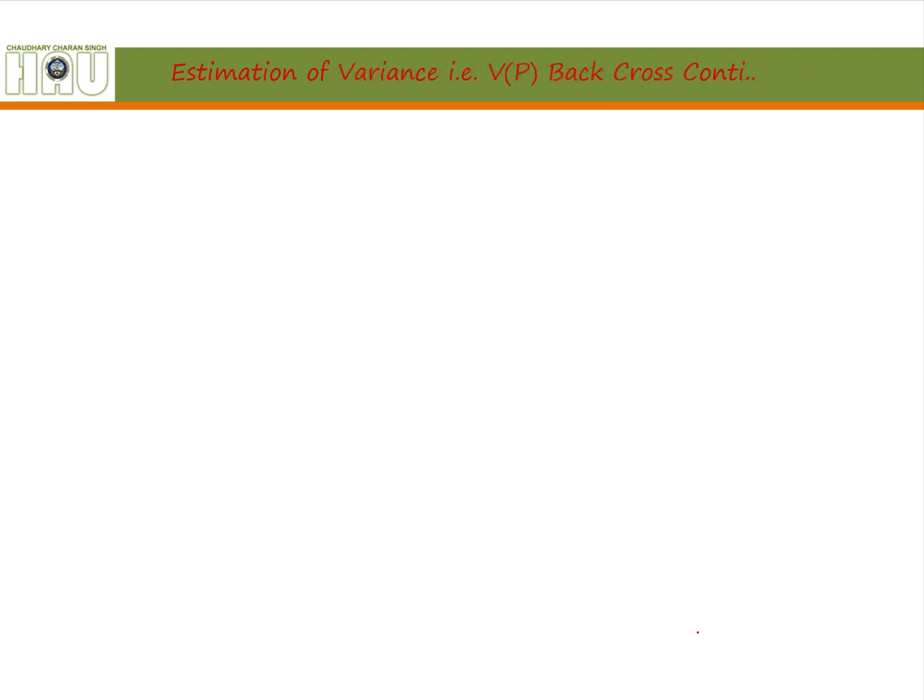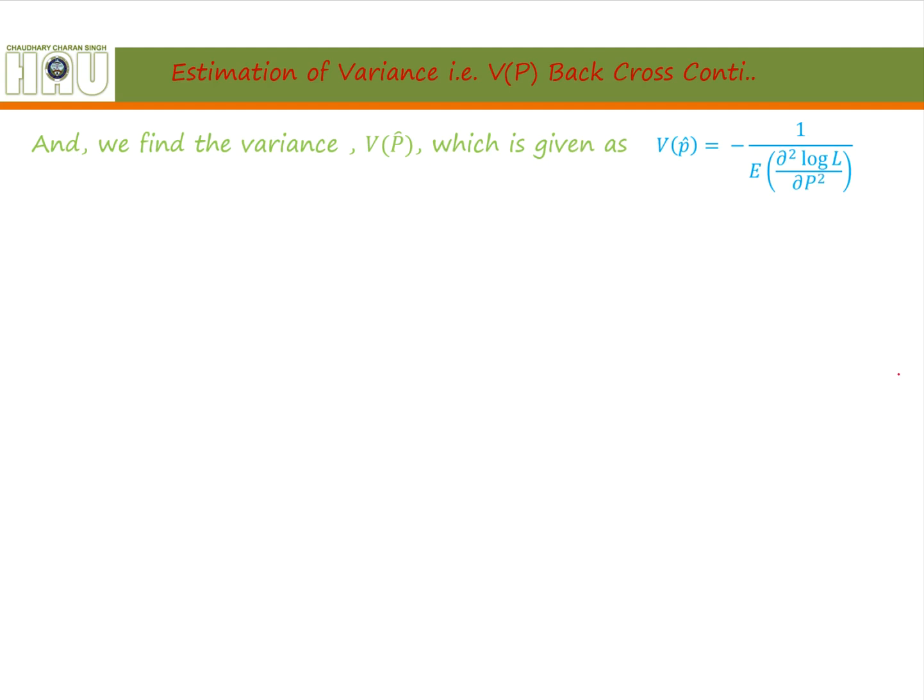Then, estimation of variance in backcross. We can find the variance of the estimate, represented by V of P cap, which is given as 1 divided by the expected value of the second derivative of the log likelihood function, taking the minus sign.